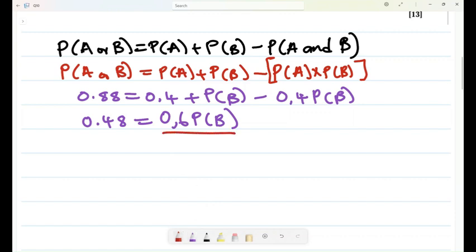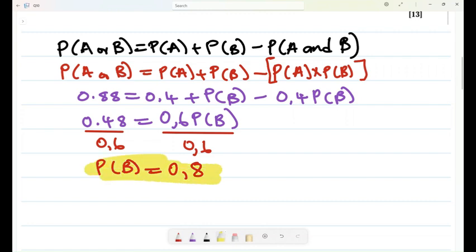You divide by 0.6 on both sides, therefore you get that the probability of B is equal to 0.8. That's your answer. Okay, yes. All right, let's move on.